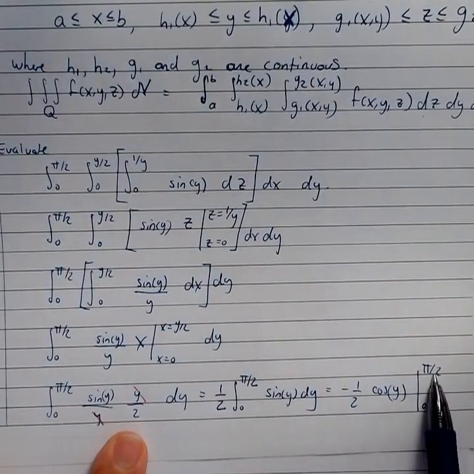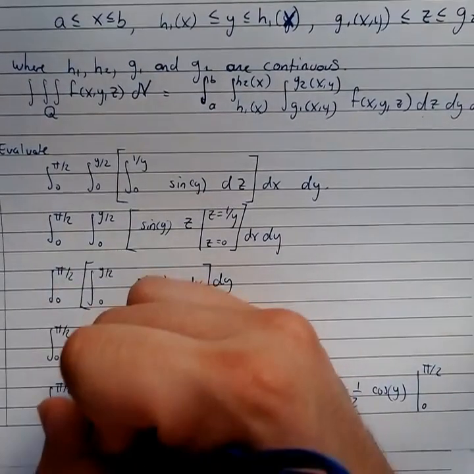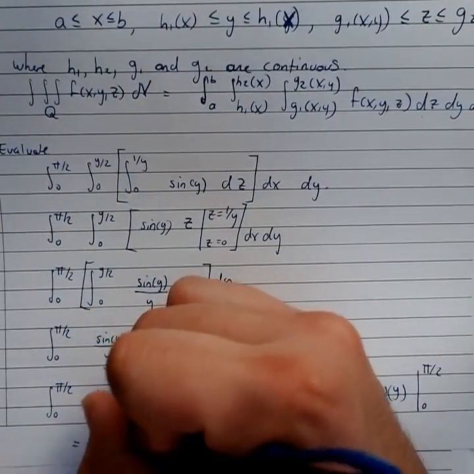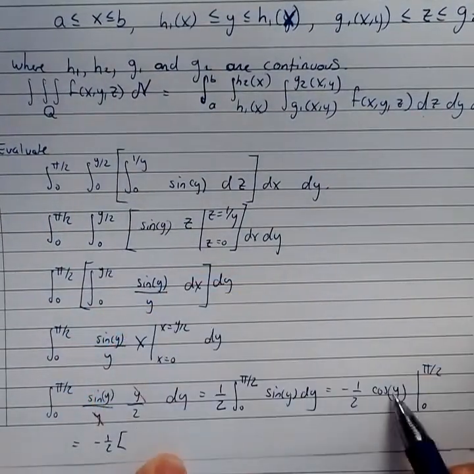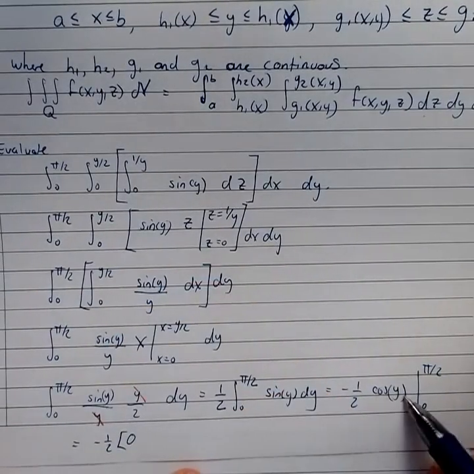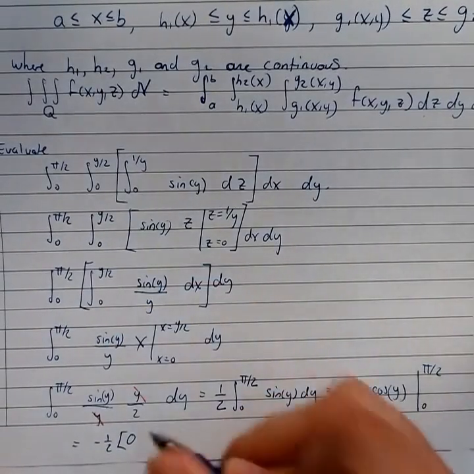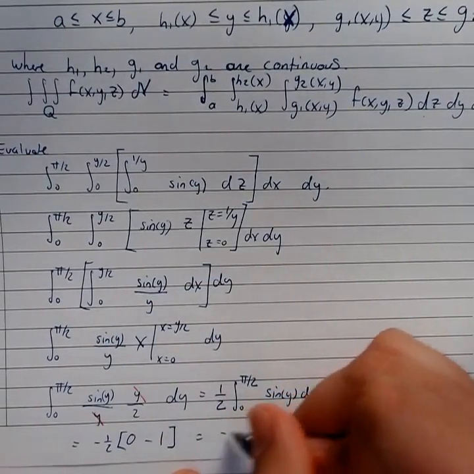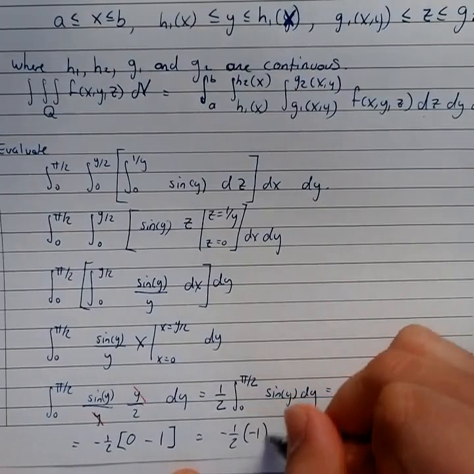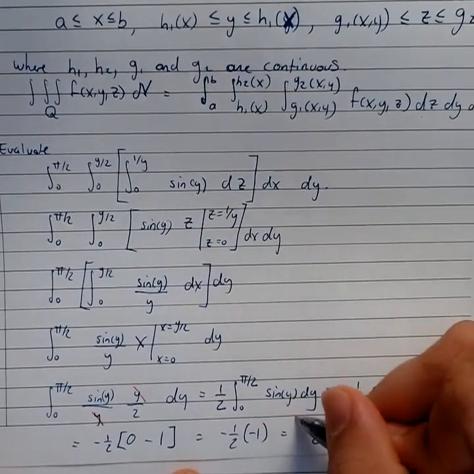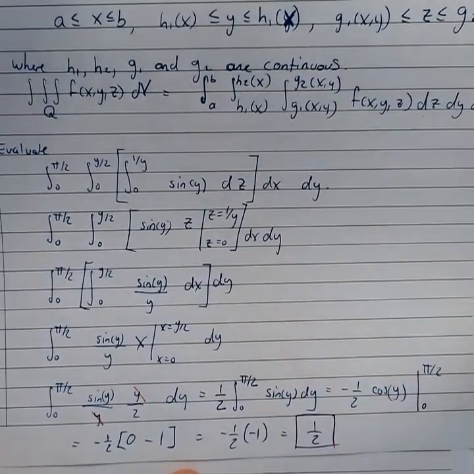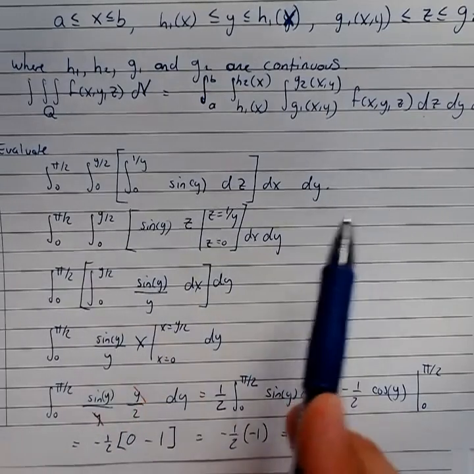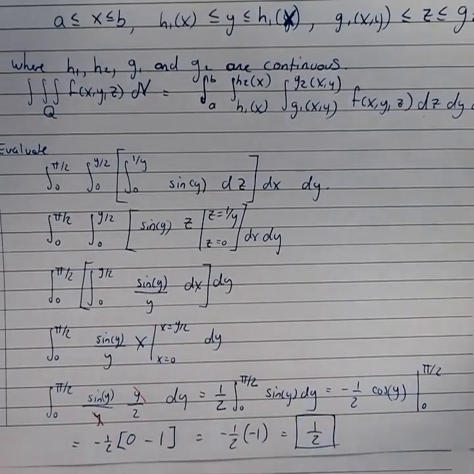Well, I know the cosine of pi over 2 is equal to 0, so that's going to equal negative 1/2 times, well, that's going to be 0. The cosine of 0 is 1, and I'm subtracting those. So that'll give me negative 1/2 times negative 1, which is simply 1/2. Just like that. So the result of our triple integral, our triply iterated integral, is 1/2.